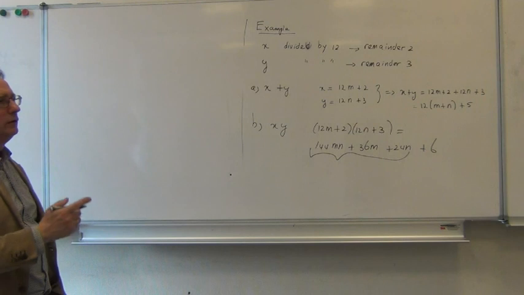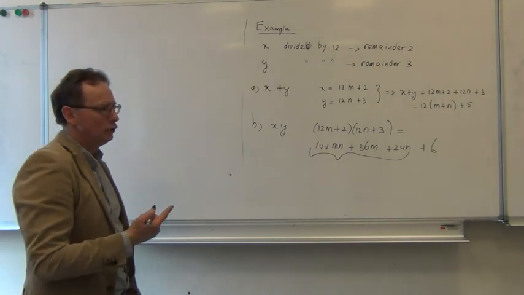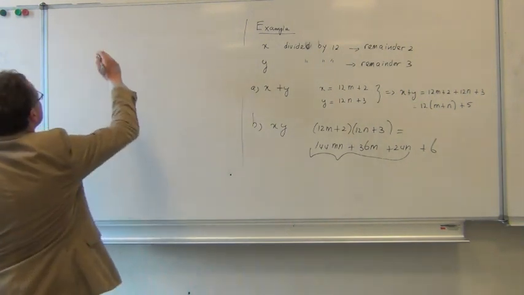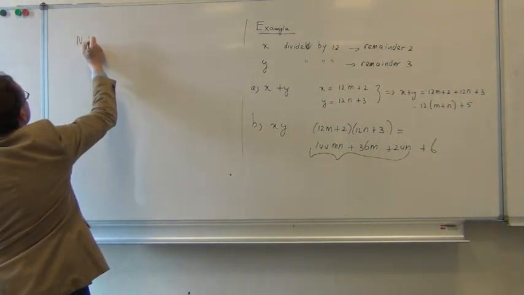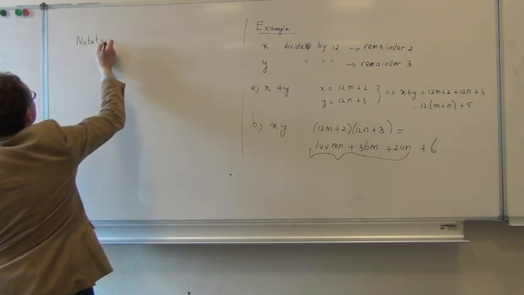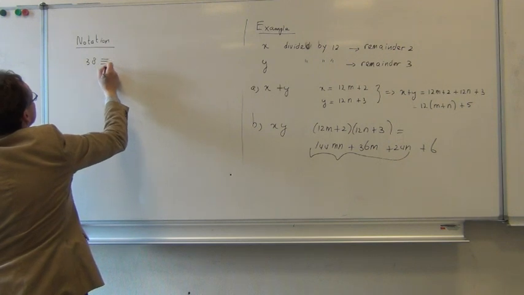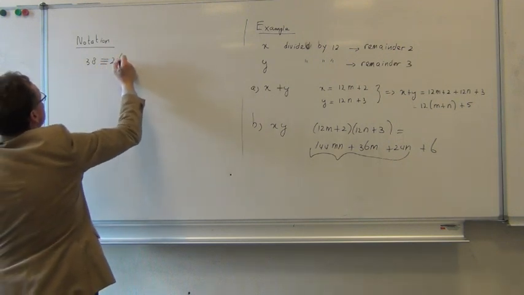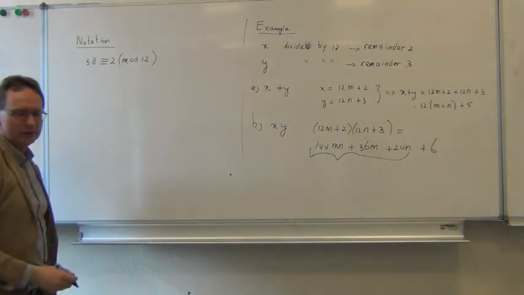If you look at the number 38, if you divide by 12, the remainder is 2. So the common way to write it is the notation: 38 is congruent to 2 modulo 12, in brackets.